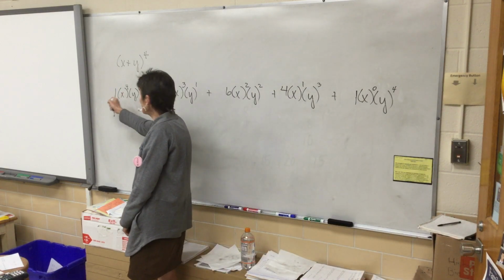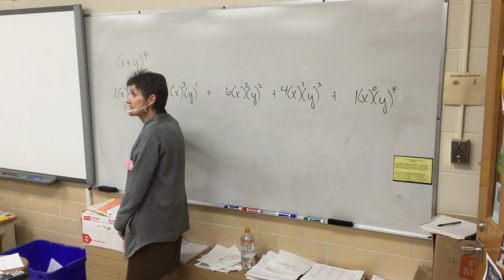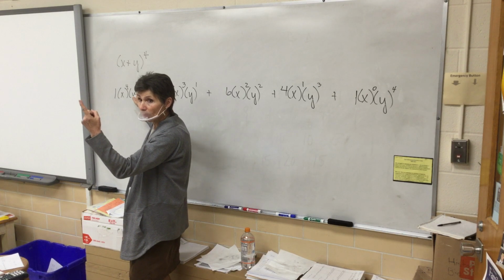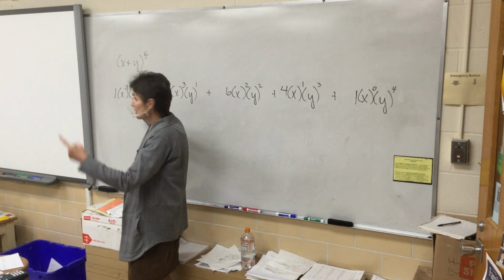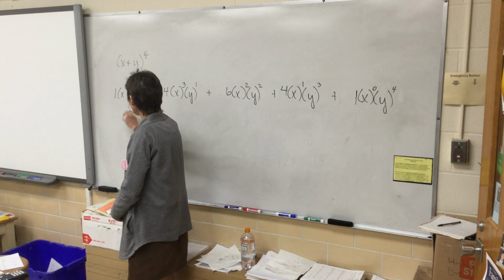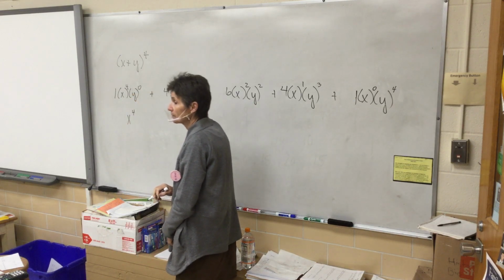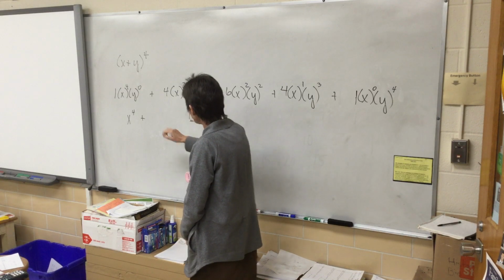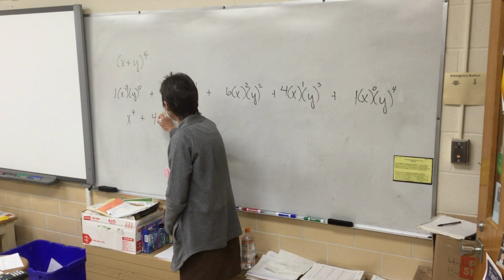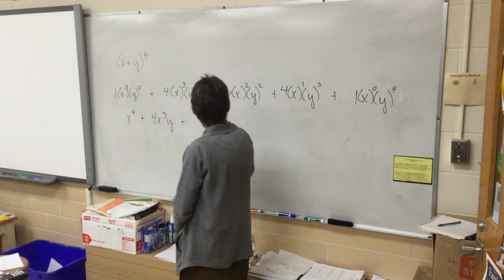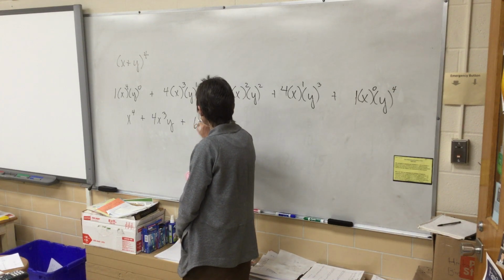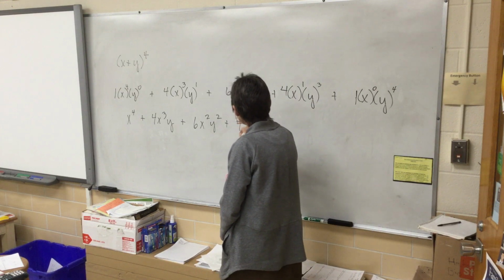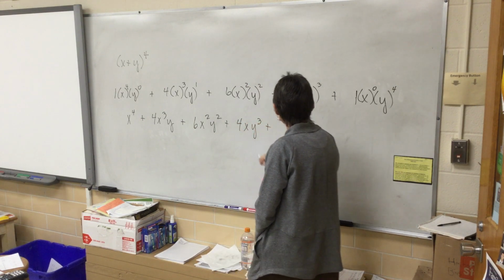So for example, here, y to the 0th is 1. Remember, anything to the 0 power is 1. So this first term is just x to the 4th. The next term, there's really nothing to do there, so it's just going to be 4x cubed y, 6x squared y squared, 4xy cubed.